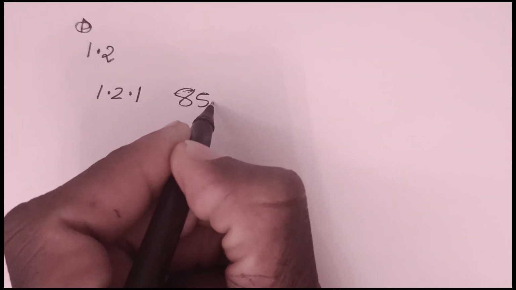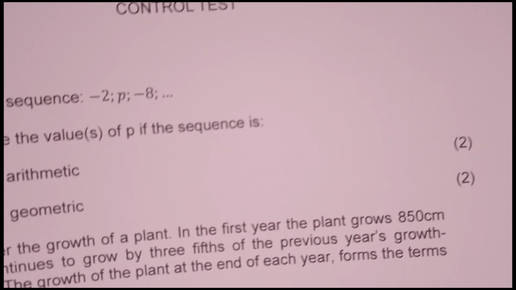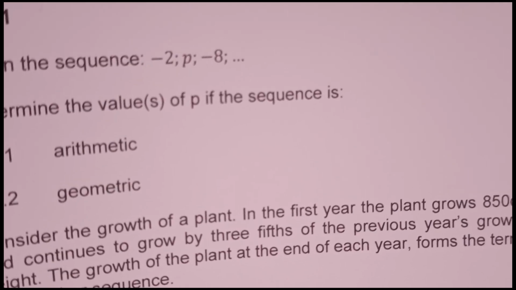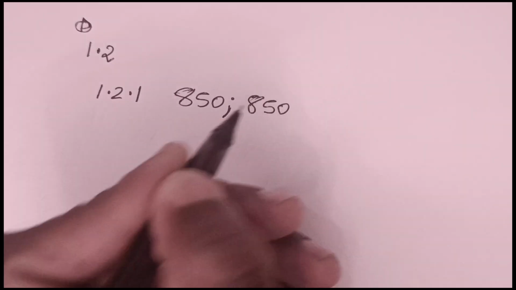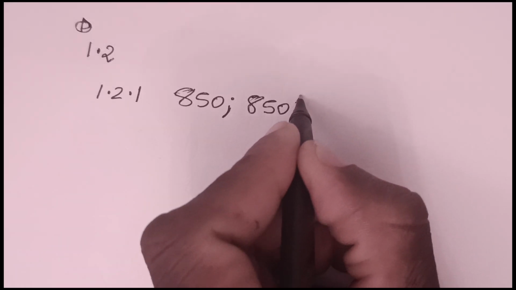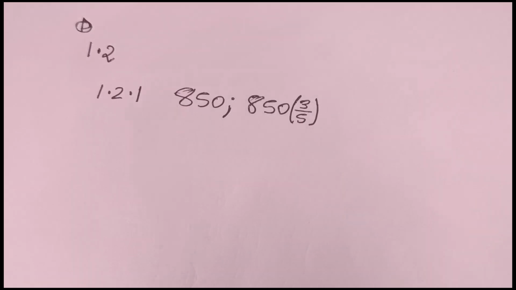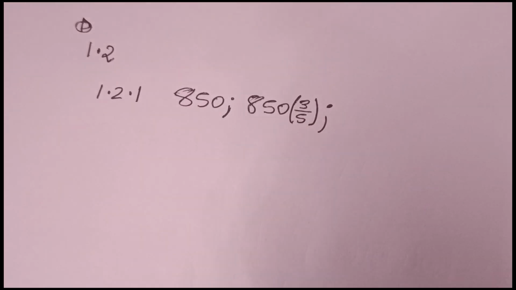They say this follows a pattern. This forms terms in a number sequence. The second growth is 3/5 of the first, so the first growth is the first term, and the second term will be 3/5 of that. That is the growth. And then they want the first 3 terms.